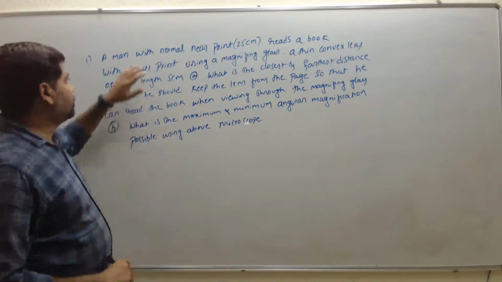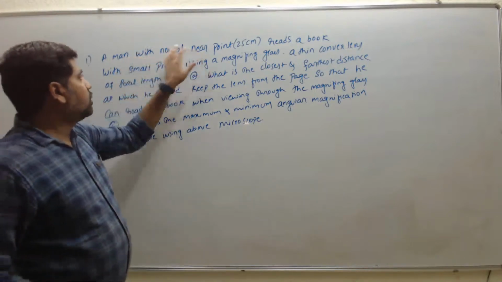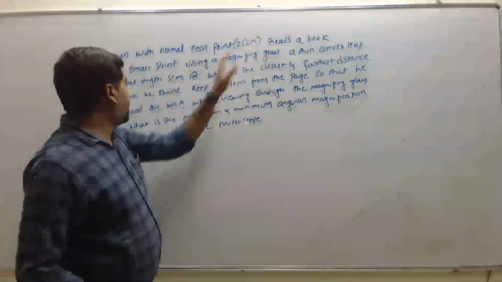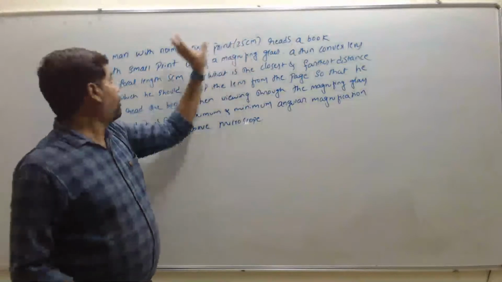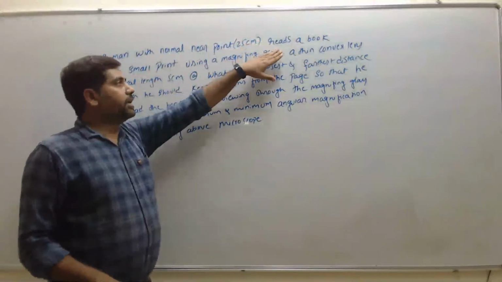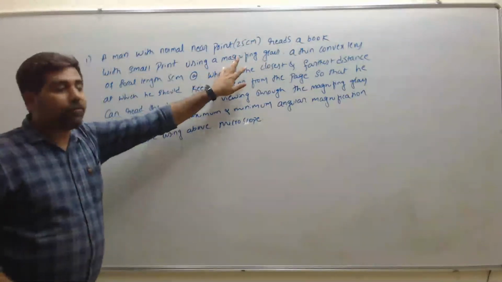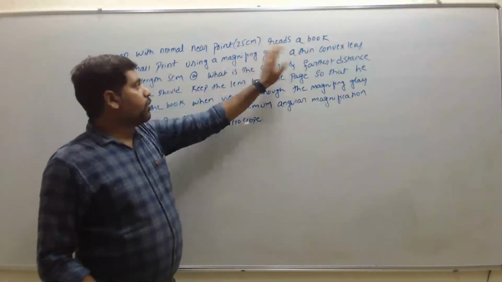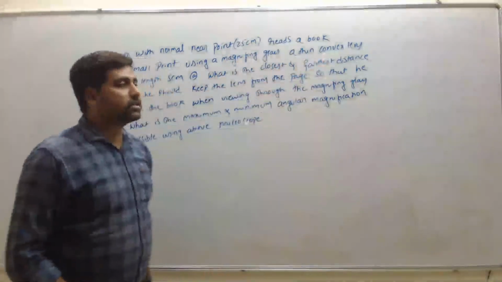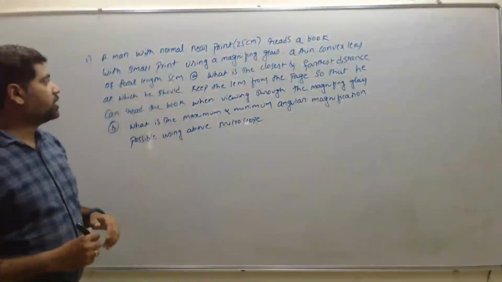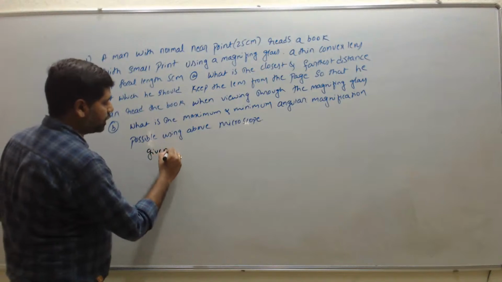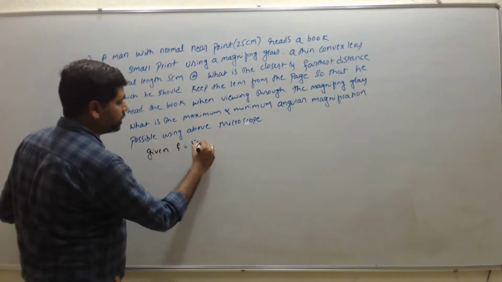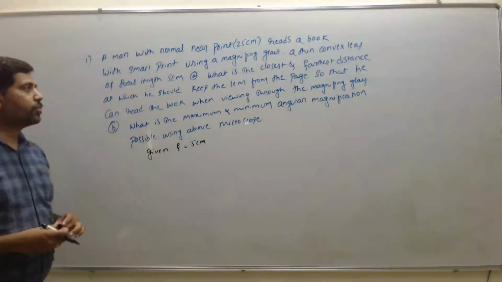So the given question is: a man with normal near point reads a book with small print using a magnifying glass. The person reads a book by using the magnifying glass. That magnifying glass is a thin convex lens and its focal length is 5 centimeter.